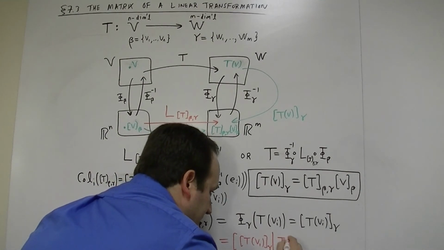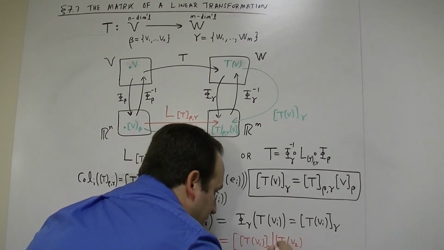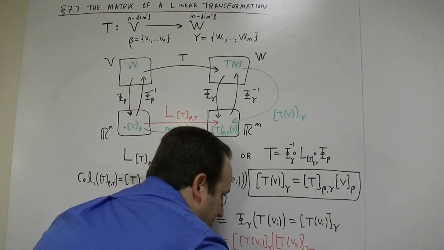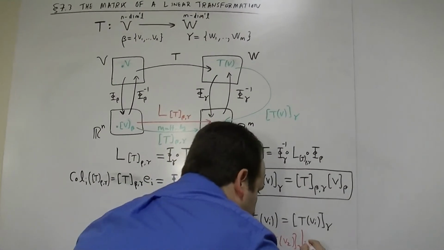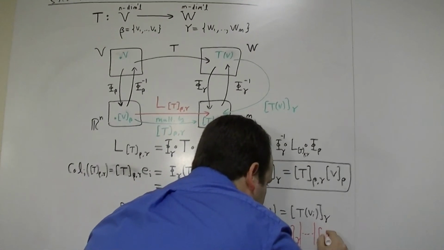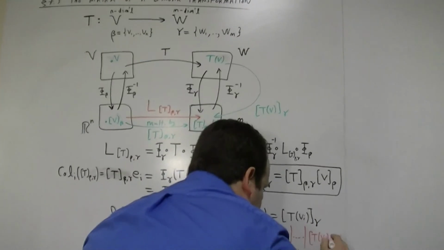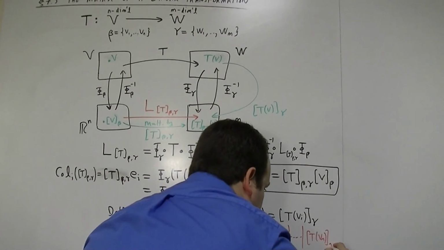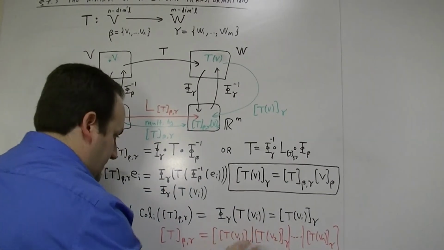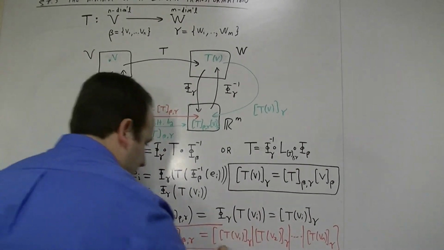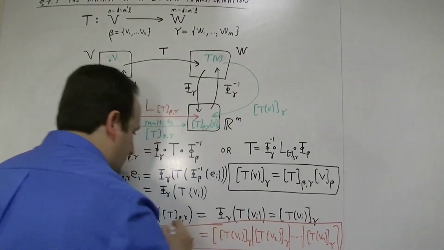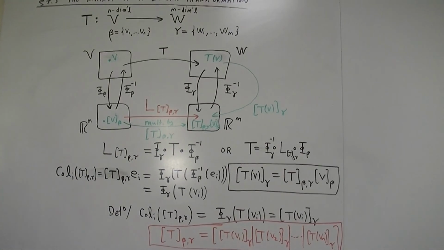And then next you look at the image of the second basis vector in beta, and you look at its coordinate in the gamma basis, and so forth, until you get to the nth basis vector, and you look at its gamma coordinate. Some books will even use this as the definition. You pick what you like. It really is better to understand the picture and be able to attack it from many different directions.